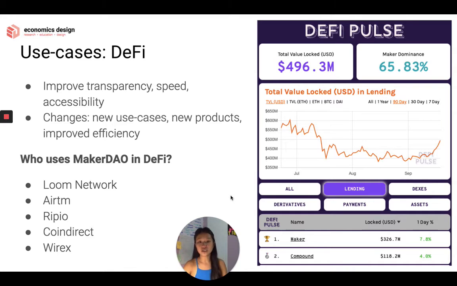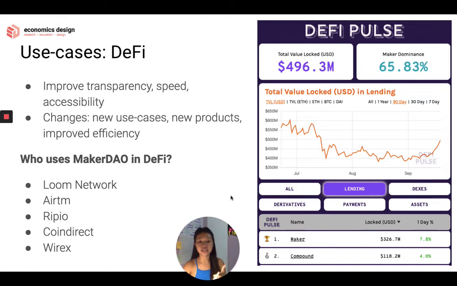So it's not a revolutionary change to the financial industry. It's just looking at new use cases, new products, improved efficiency. So who uses MakerDAO in DeFi? I use DeFi Pulse. It's a very nice website that looks at the different kinds of participants in the DeFi ecosystem. And remember I told you there are 5 functions in DeFi.